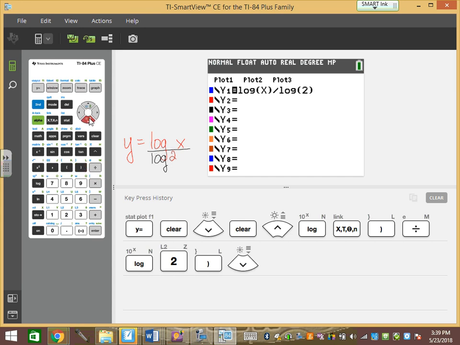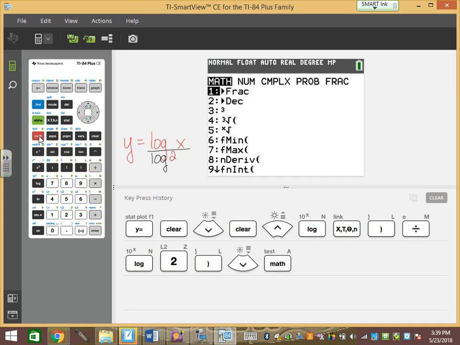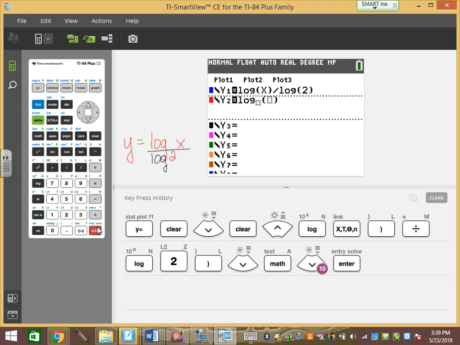Or if we use the log base button, we can go math, and then we can arrow down or arrow up to A, pick that, and then we can go to 2.